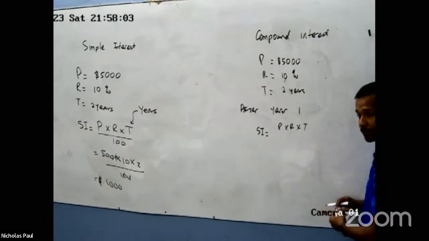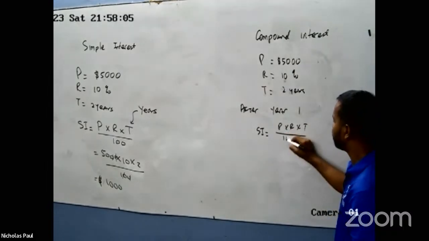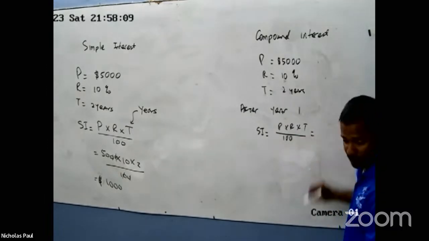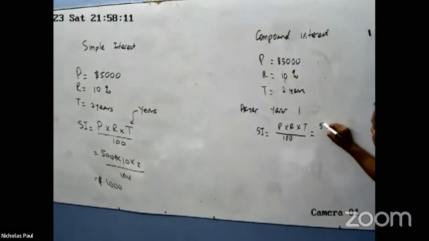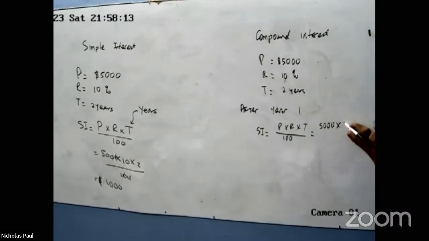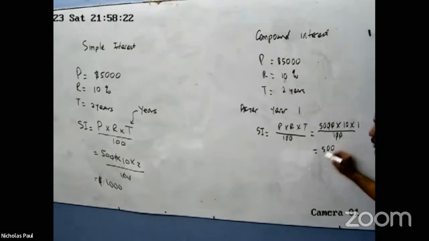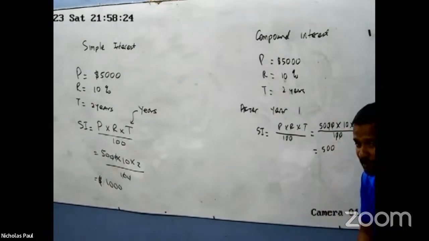Are you okay with that? So the simple interest here is how much? The simple interest here will be 5,000 by the rate, still 10, by 1 year, all over 100. This will cancel and we'll get 500. So after 1 year it's still 500.